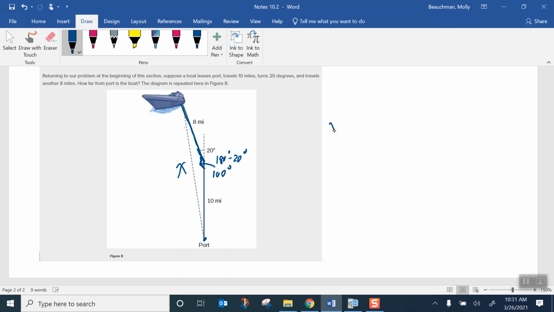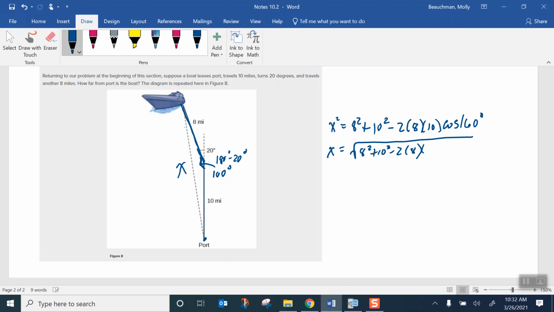So to find our length x, x squared is going to equal the side length 8 squared plus the side length 10 squared minus 2 times 8 times 10 times the cosine of the angle in between, which is 160 degrees. So x is going to equal the square root of all of that. We type it in the calculator all at once to make sure we don't have any rounding errors.